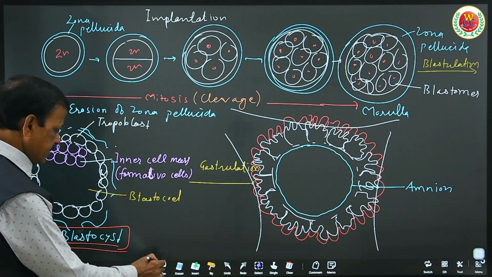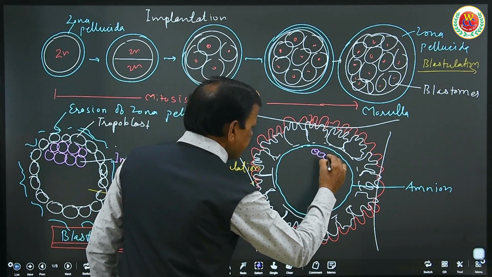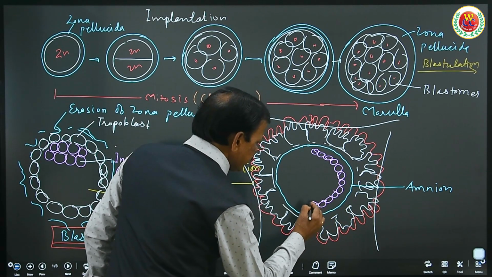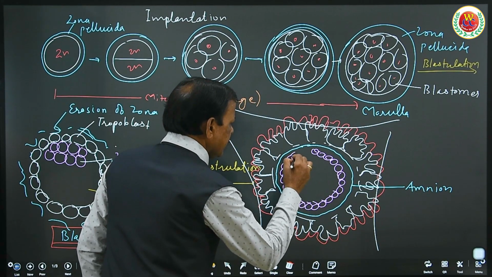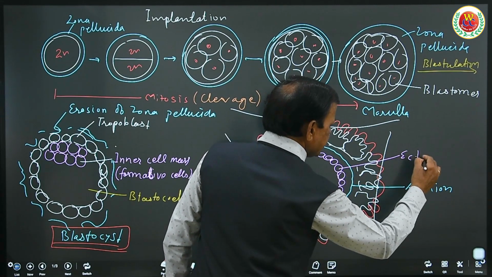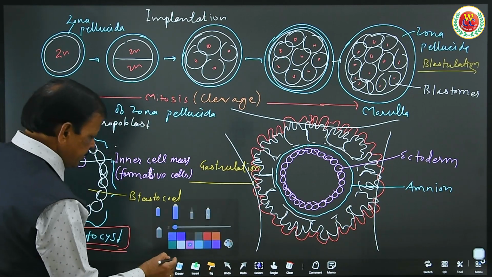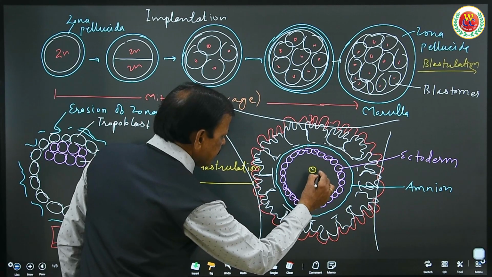Some of the cells of this inner cell mass form the ectoderm. So this outer layer is called ectoderm. The ectoderm forms organs like the nervous system and skin, and all these 3 derms together form the whole body. First the ectoderm is produced. Second, the endoderm is produced.